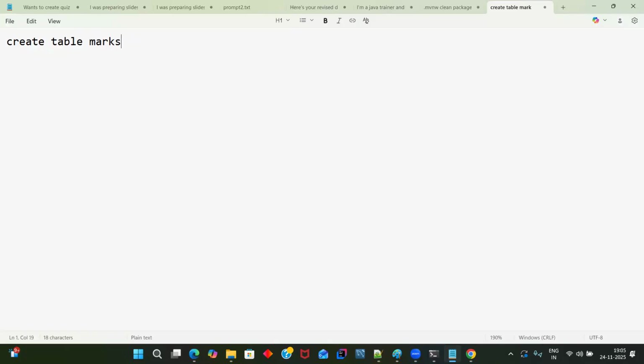The new table has an ID number primary key, and then name varchar of 10 not null, and then marks number not null.